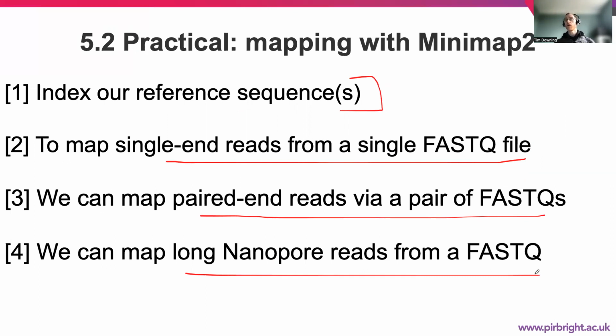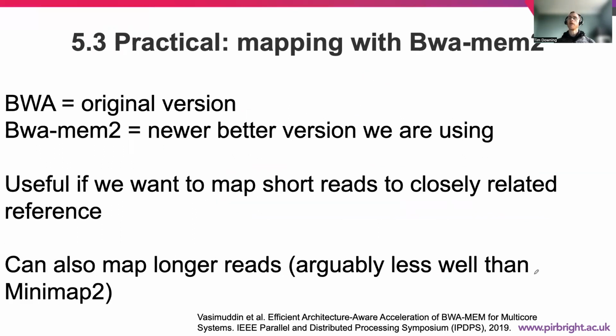So there are certain parameters for longer reads with Nanopore, PacBio, or whatever you have. We're going to look at minimap2, but also BWA-MEM. BWA is the older program that has been improved since, with BWA-MEM and then also BWA-MEM2. So we're using the newest version that should work more effectively. And this is useful if we're mapping our short reads to a closely related reference.